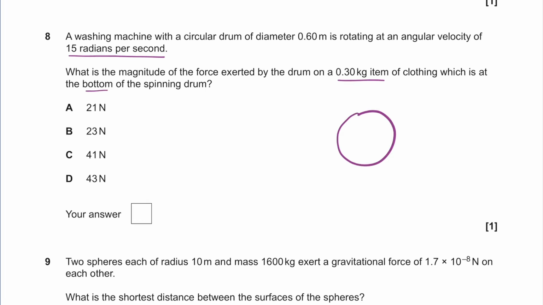Let's draw this drum. We've got this 0.3 kilograms, so 0.3 g newtons of force, and we have this normal force, and we are given the diameter is 0.6 meters.